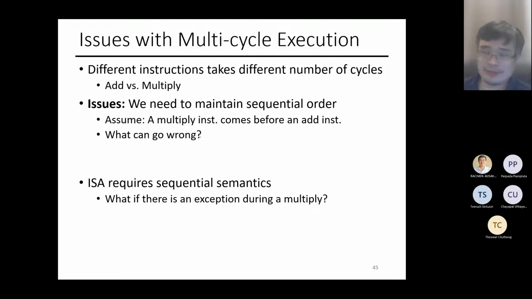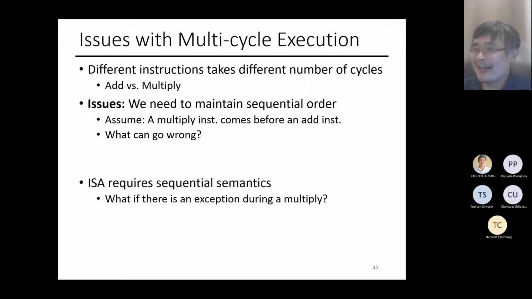But the problem is when you finish the write back stage, when you finish the instruction, the programmer has to see that the instructions finished line by line by line. The fact that the programmer has to see that it finished line by line, we call this sequential ordering.